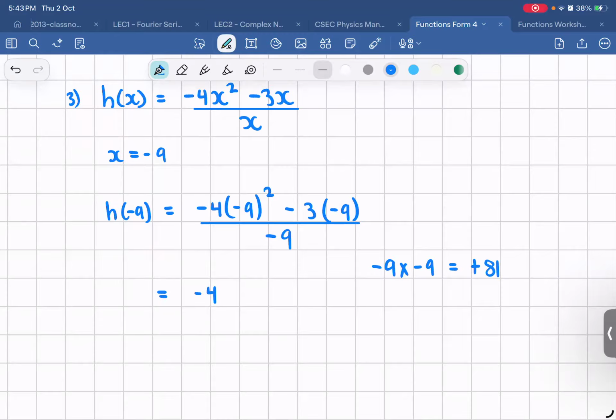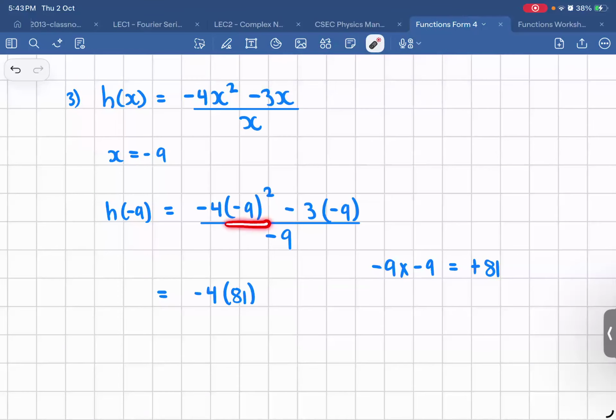So you're going to end up with (-9) squared being, open bracket, 81. So if you didn't understand that, tell me. So we have (-9) squared, which is -9 by -9, which is positive 81, right? By the -4. Cool. So the person that just told me that a negative by a negative is a negative, I want your advice here.